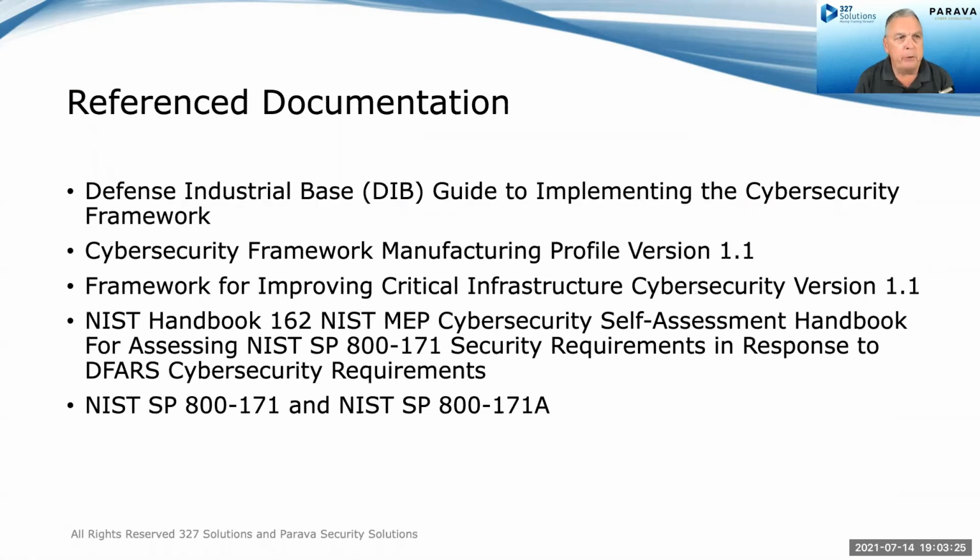If you'd like more information about what is being presented today, I would recommend that you take a look at the Defense Industrial Base Guide to Implementing the Cybersecurity Framework, the Cybersecurity Framework Manufacturing Profile version 1.1, the Framework for Improving Critical Infrastructure Cybersecurity version 1.1, and NIST Handbook 162, which is about cybersecurity self-assessment, for assessing NIST Special Publication 800-171 security requirements in response to DFARS cybersecurity requirements.